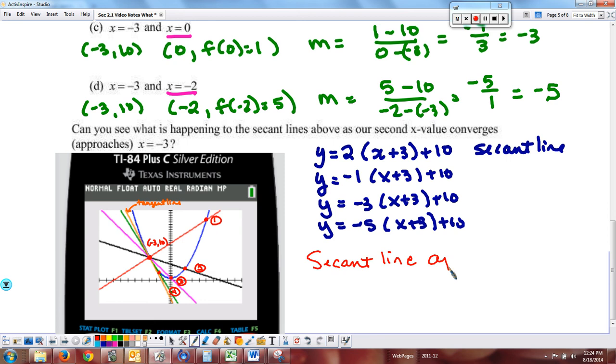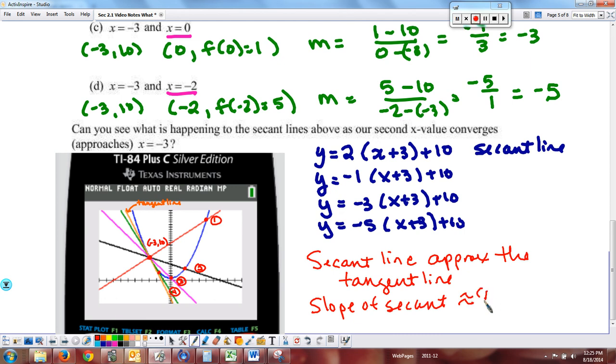So the secant line approximates the tangent line, and if the secant line is approximating the tangent line, the slopes of the secant will approximate the slope of the tangent. That's the idea of our limiting process: if we allow the points to get closer and closer together, we come up with an estimate for the slope of the tangent line.